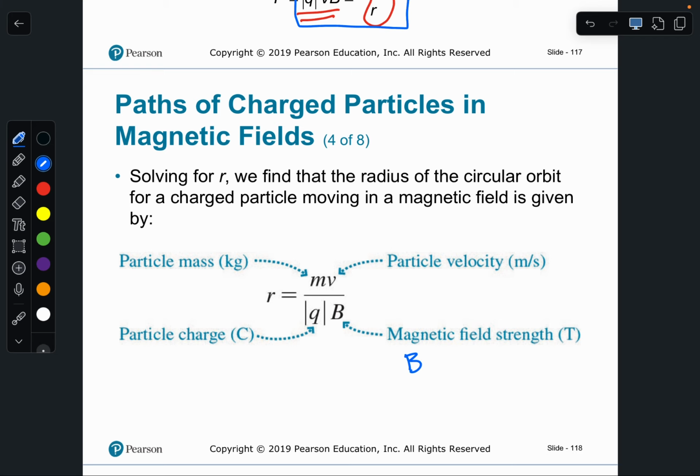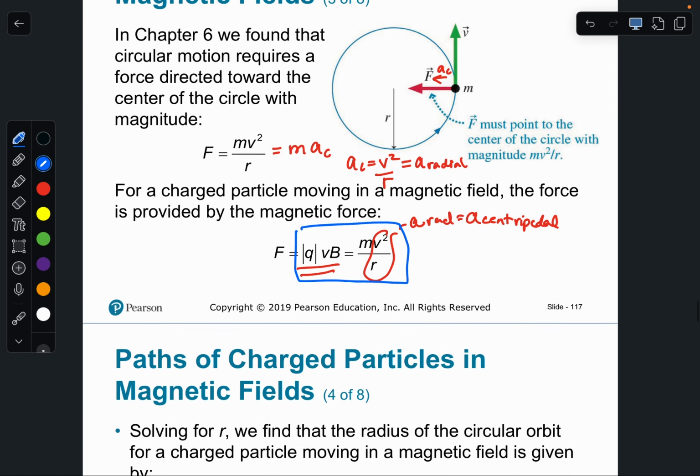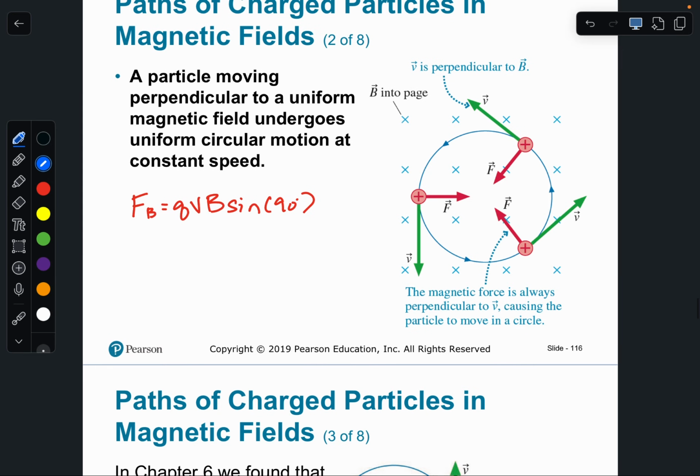This is B, the B component that is perpendicular to V. Because how did we arrive at that equation? This one is the picture that we set up, remember, B is pointing into the page, V is going this way, so that B is 90 degrees with respect to V.